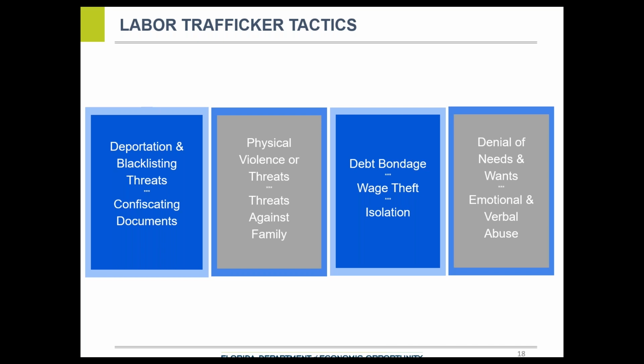The slide illustrates examples of some of the tactics used by traffickers to force people to work against their will: the threats of deportation and blacklisting, the confiscation of documents, the physical violence or threats, the threats to harm family members in home countries, debt bondage, earnings being withheld or wage theft, isolation, the denial of wants and needs, and also emotional and verbal abuse.